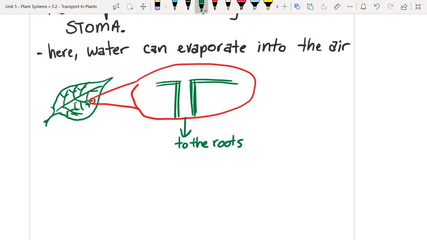This is like a side view. Does that make sense? And then this here is the vein.